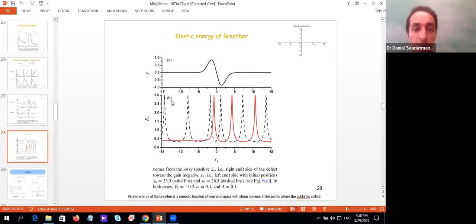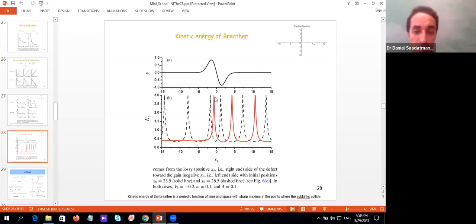In fact, such behavior can be explained by the kinetic energy of the breather. We know that when the breather moves, the kinetic energy of the breather has a sharp maximum at the interaction point. In fact, the position of the sharp maximum during the interaction is an important parameter. If the interaction happens on the gain side, as a result, the breather can gain energy from the defect and it can split into the kink and anti-kink.